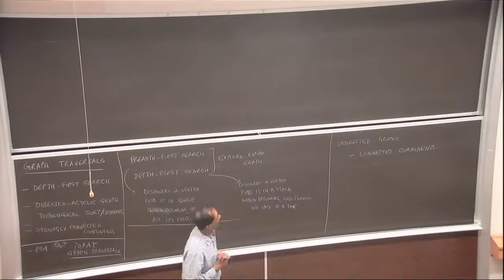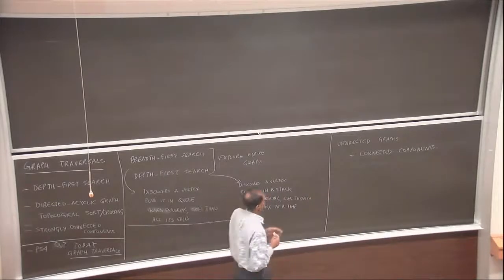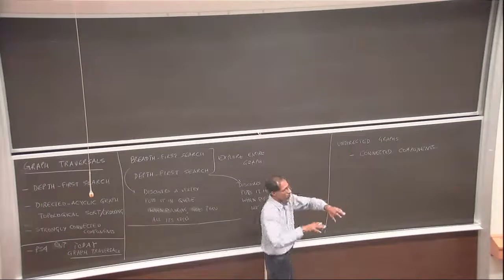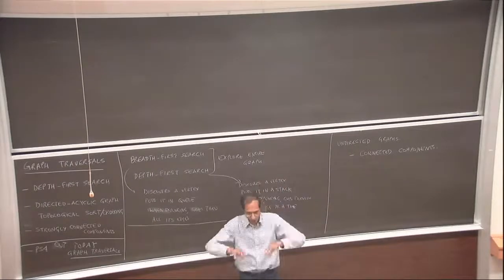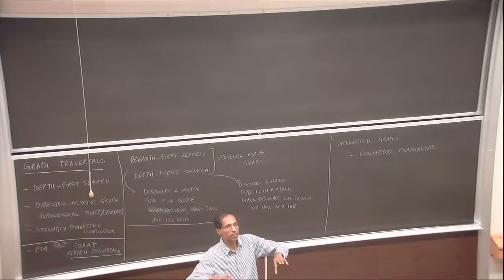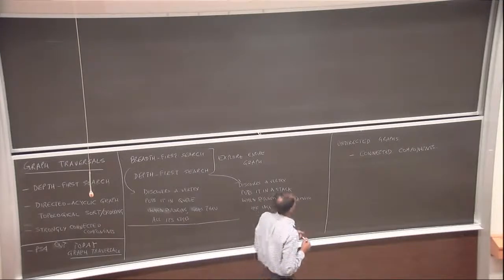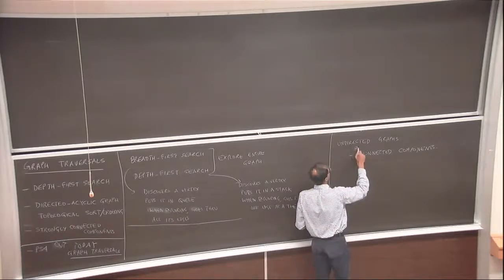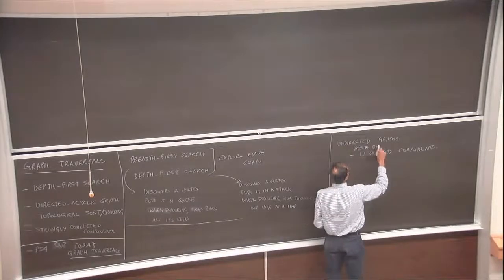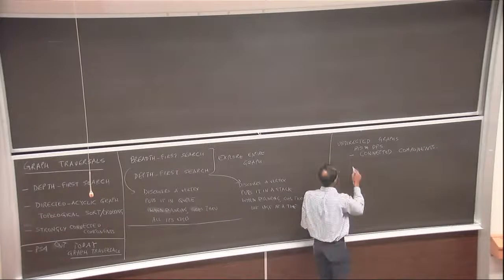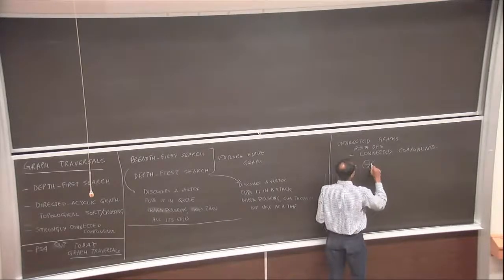When you do undirected graphs, both can be used to find connected components. Again, recall what connected components are: pieces of the graph such that in any piece, all the vertices have paths between them. So for undirected graphs, both BFS and DFS can find connected components, and they both take linear time.